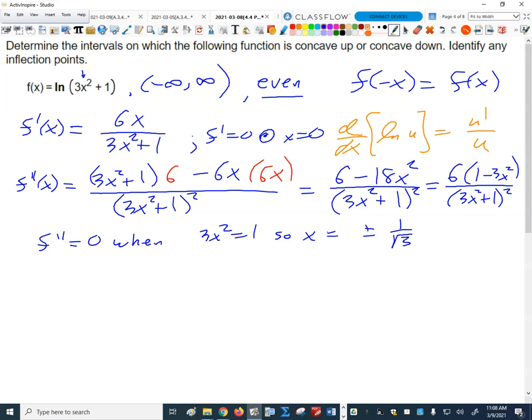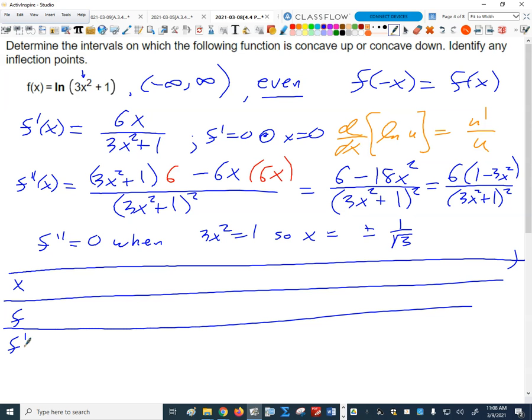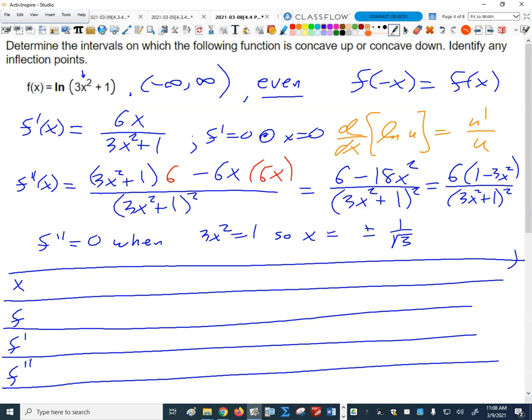So we've got all the critical numbers, and we know the zeros of the second derivative. Now we can make our table. We had a first derivative critical number at 0.